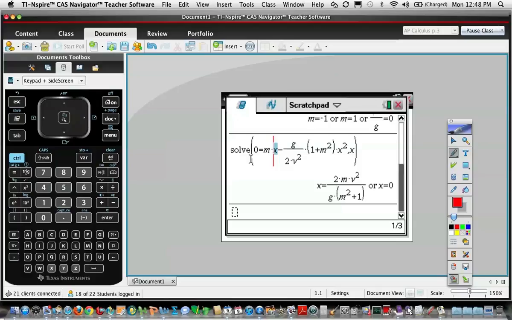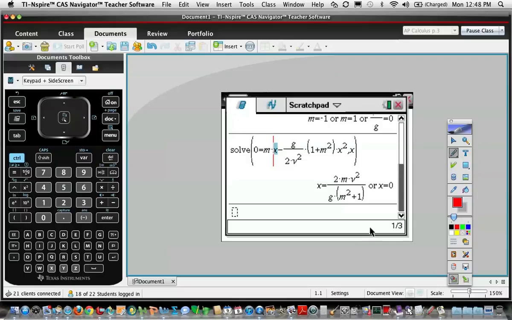The projectile is on the ground, right? So how far it travels horizontally is going to be determined by where it is when it's on the ground. So I put a 0 in for Y, I kept M, V, and G in there, and I just told the calculator to solve it for X. Now, it's not that hard to do by hand, and that's what they wanted you to do in 28. So I went ahead and let the calculator do it.